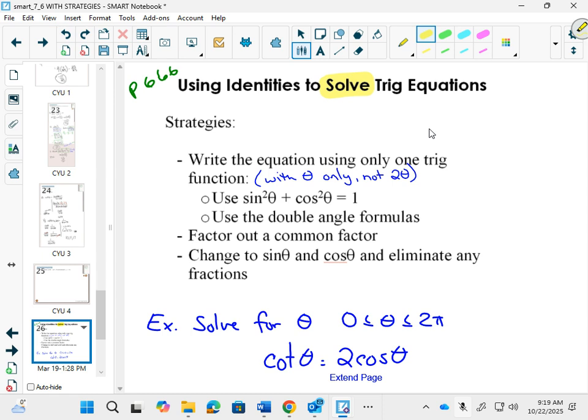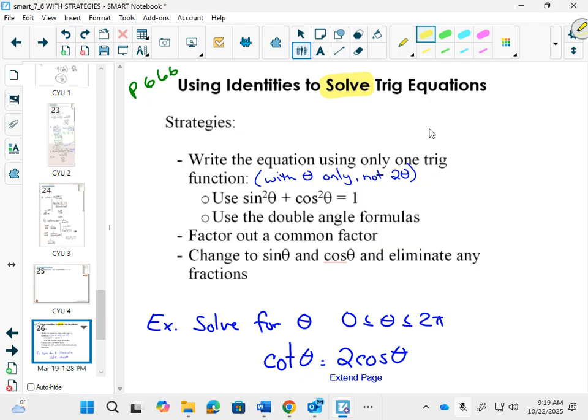We're going to have to use skills in factoring. Sometimes you can't write an equation with only one trig function, but you can separate the trig functions by factoring. And the third strategy is if all else fails, just like a proof, you can change things to sine theta and cos theta.